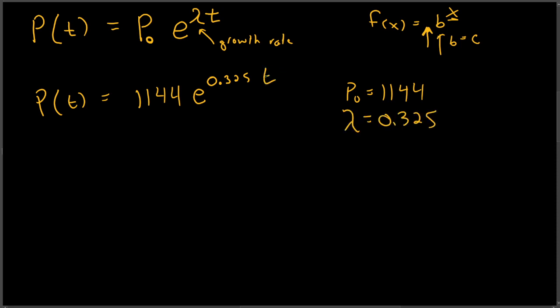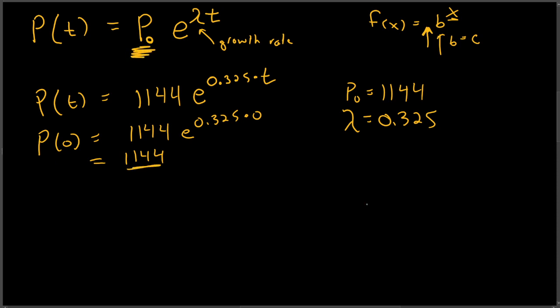And time will go on. So when time is 0, t is 0. Anything times 0 is 0, and anything to the power of 0 is 1. And so our initial population. And so this is why this thing hanging out front is called the initial population.